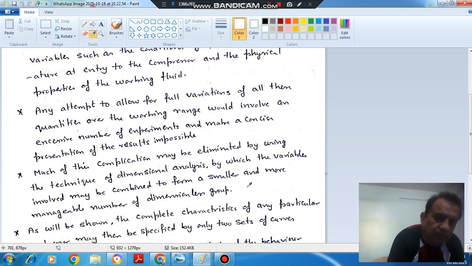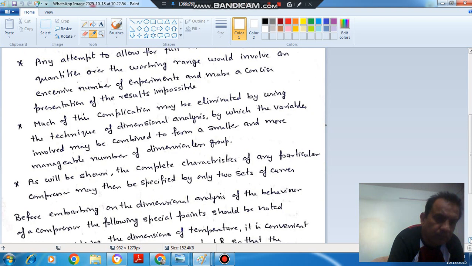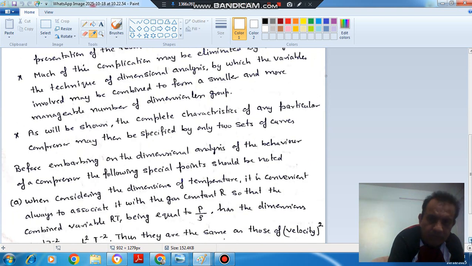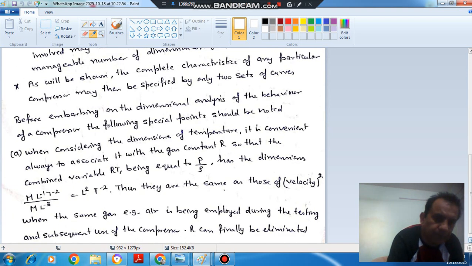Then the number of variables is reduced. So as will be shown, a complete characteristic of any particular compressor may be specified by only two sets of curves. If we do this, we can draw the performance curve for a compressor by only two sets of curves. So before going to these curves, first we will reduce the number of variables also.